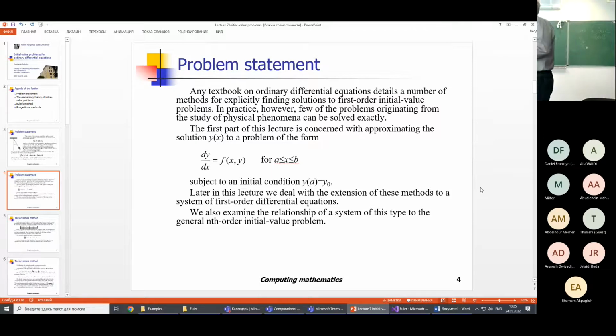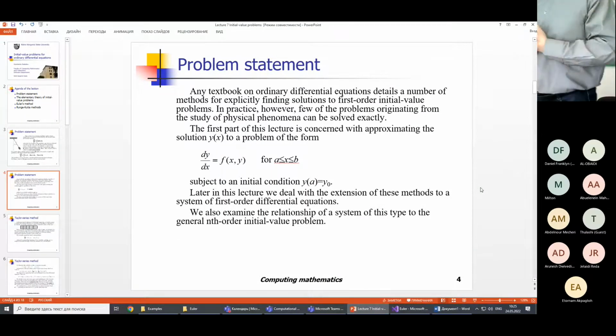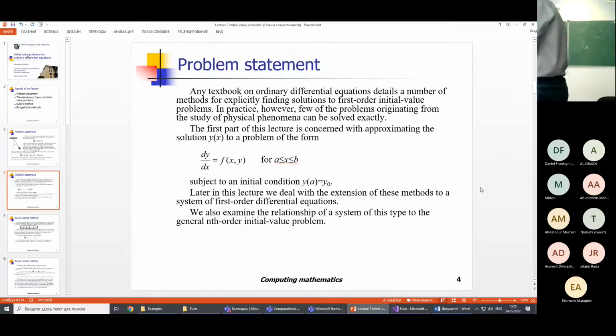Again, in any textbook or lecture on differential equations, there are a number of methods for explicitly finding solutions to first order initial value problems. But in practice, just a few of such problems can be solved exactly.